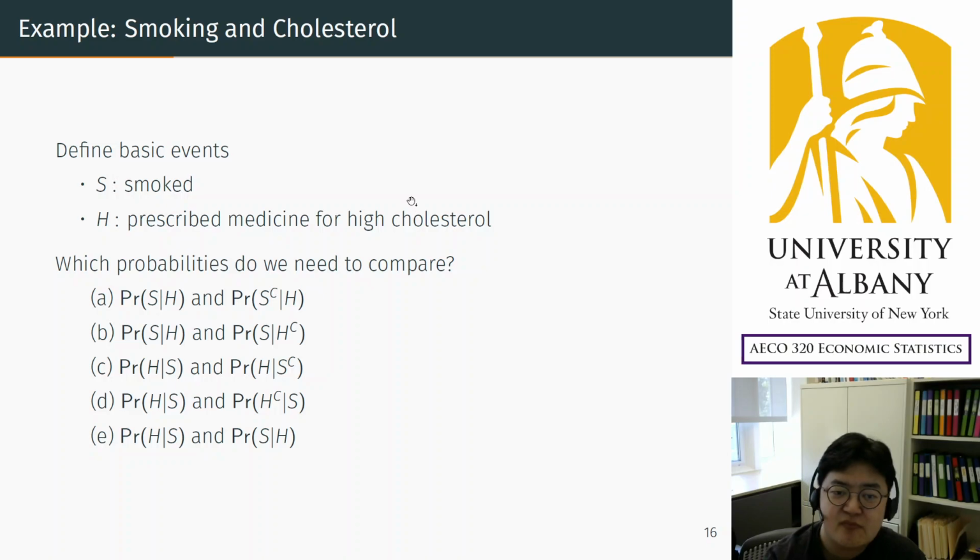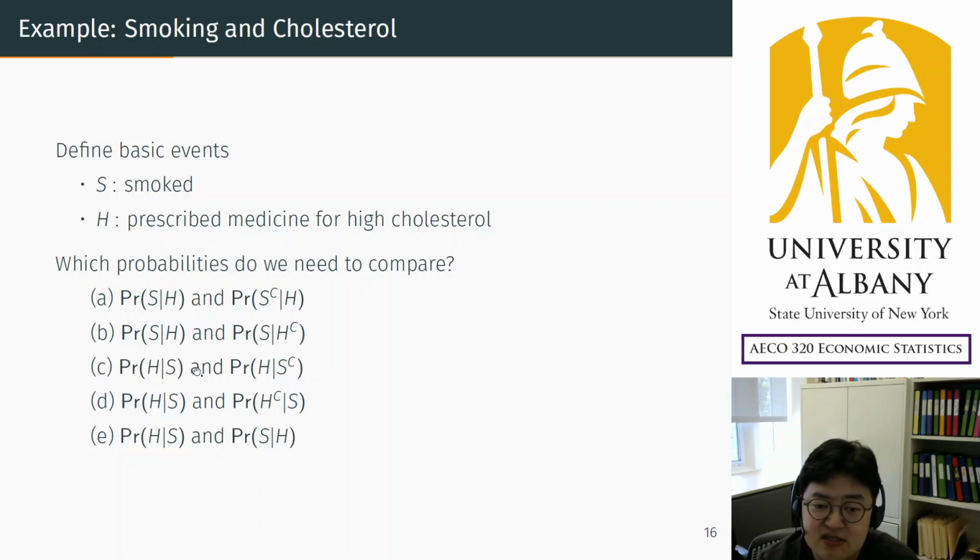So then the main event that we are interested in is the probability of high cholesterol. So the first event should be H. We are looking for the conditional probability of H conditional on smoking or non-smoking.